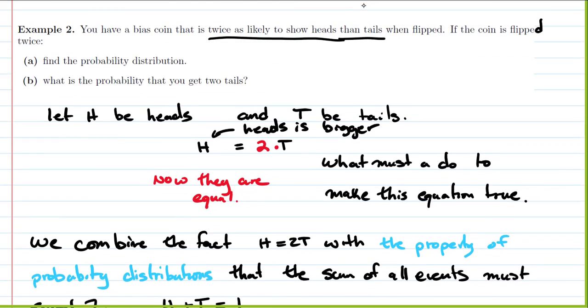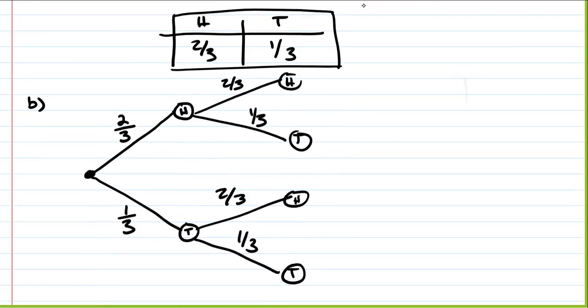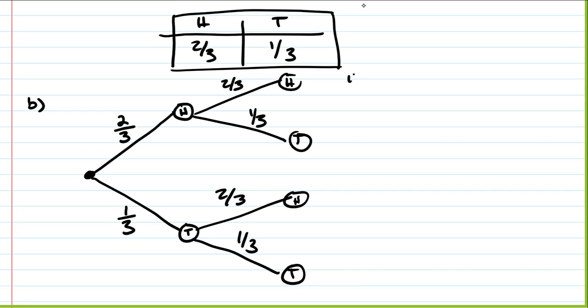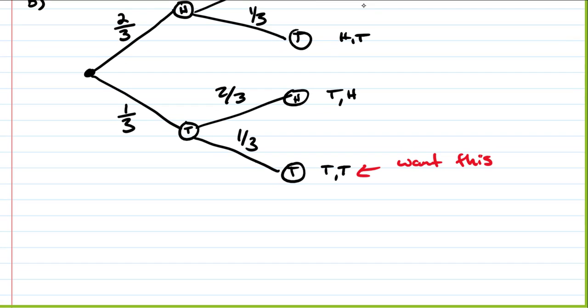Well, which event did I want? I want the probability that I get 2 tails. Well, in my tree diagram, this is heads, heads. This is heads, tails. This is tails, heads. And this one down here is tails, tails. So this is the one that I want. And my probability is 1/3 times 1/3.